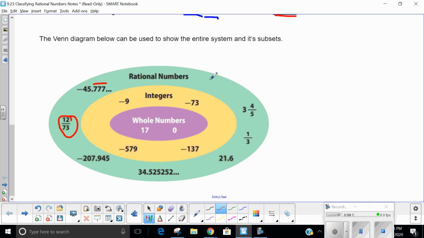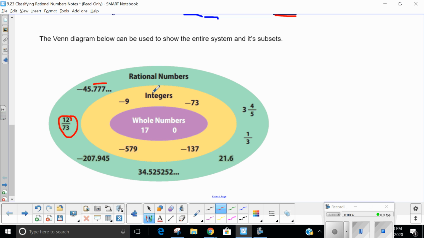Okay. Now within that larger group, there is a smaller subset. Now remember, we start with the largest group on the outside, and then we get more precise with the type of numbers in the next set. So these sets that are inside the bigger group, they're actually more specific, and they have very, very precise characteristics.